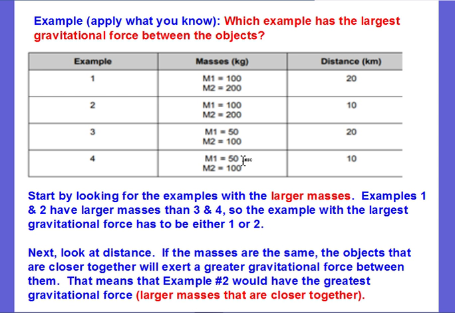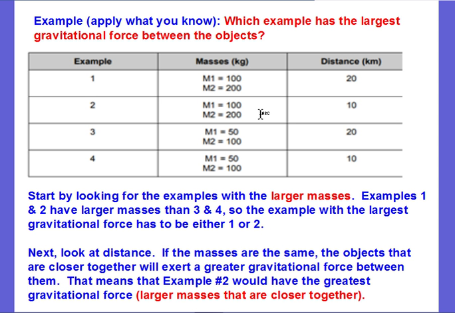In example 4, object 1 has 50 kilograms, object 2 has 100 kilograms. So if we look at these, you should be able to notice that both examples 1 and 2 have larger masses than 3 and 4. So automatically we know that the largest gravitational force cannot be in 3 and 4 because those have smaller masses. Okay, so now we're only looking at examples 1 and 2.